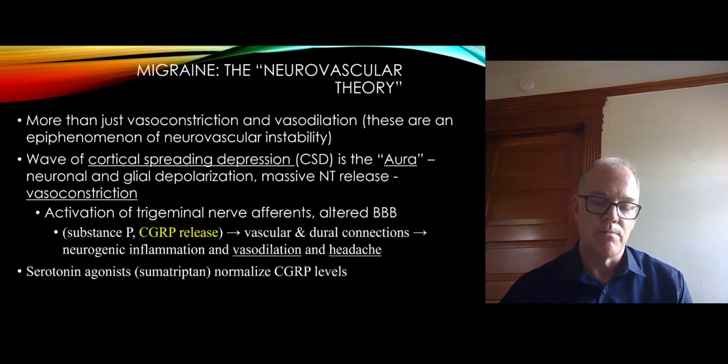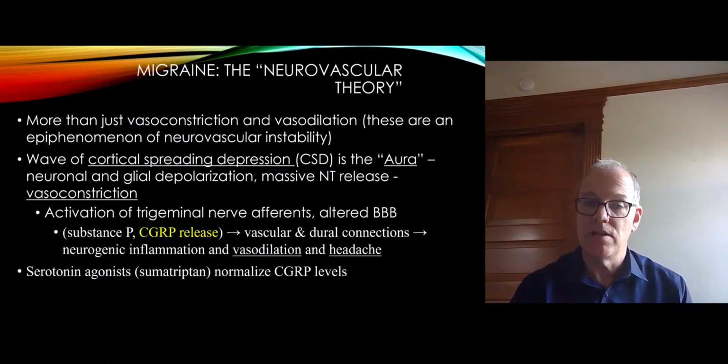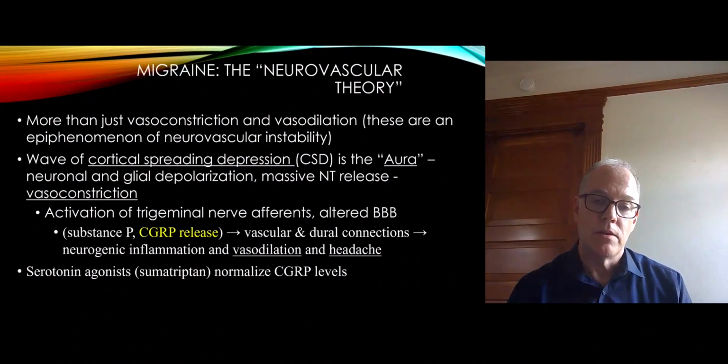That may be the more important role or mechanism of sumatriptan. And within the last 18 months, numerous medications have come out, monoclonal antibodies against CGRP. And these are very effective. Patients can take them as an injection every 4 weeks, and it actually works to prevent migraines from coming on.